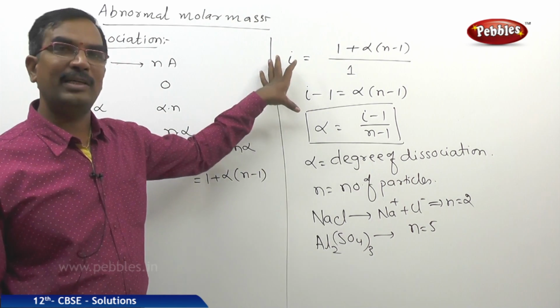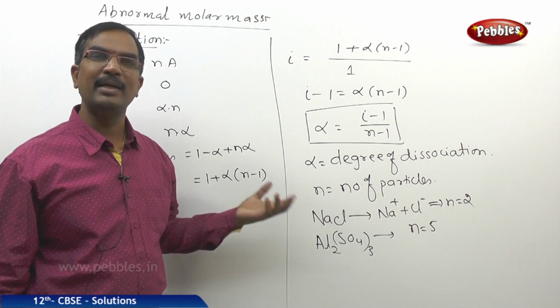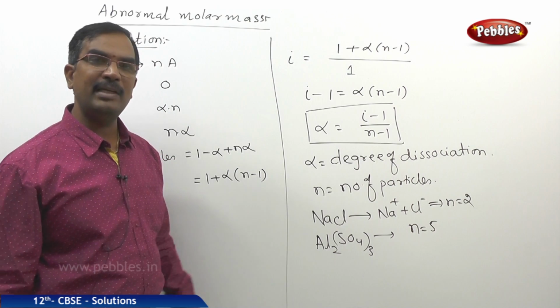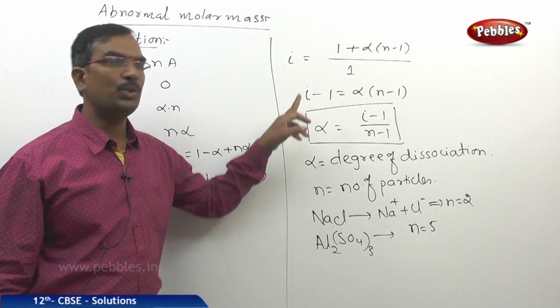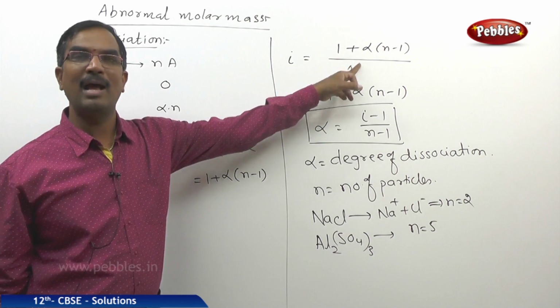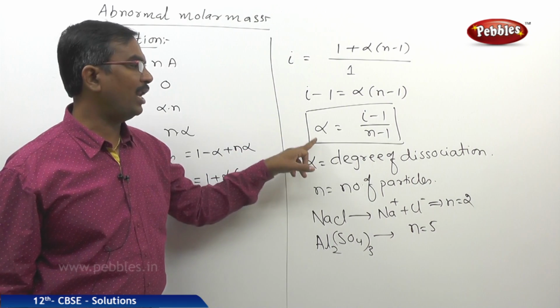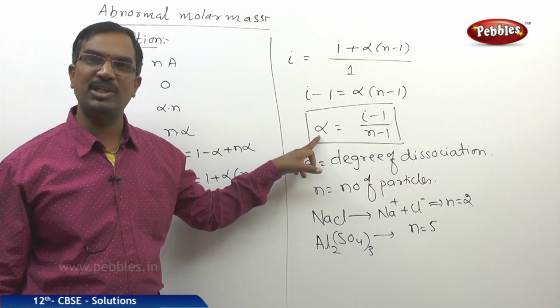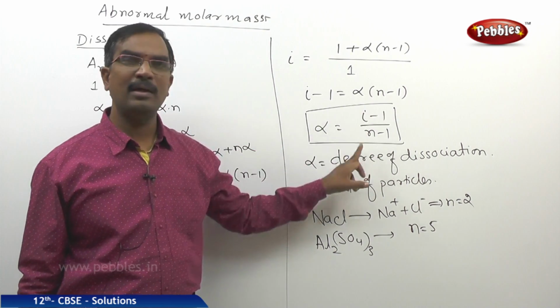So you can take any solute which is undergoing dissociation, and in every case we can find the value of i once we know the value of alpha as well as n. Or else, if you know the value of i, we can also calculate the degree of dissociation. So alpha is given by (i minus 1) by (n minus 1).